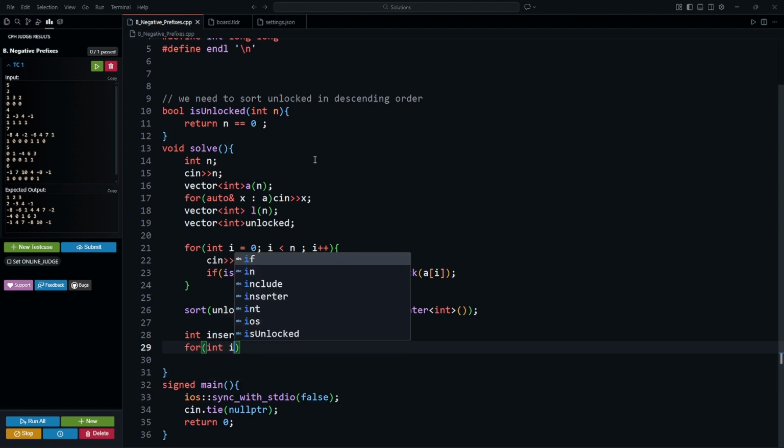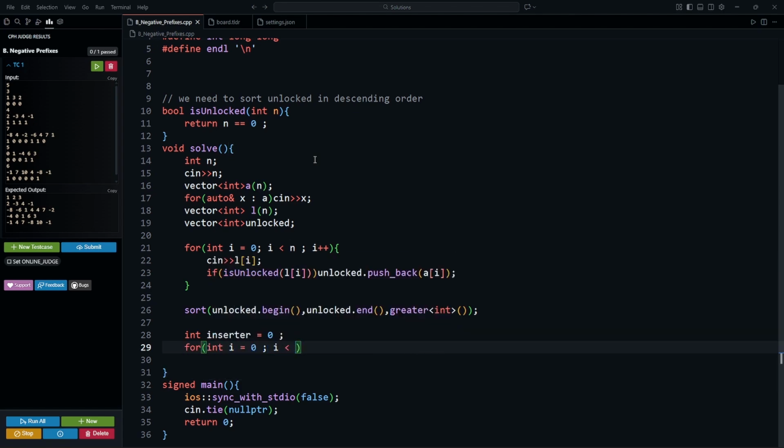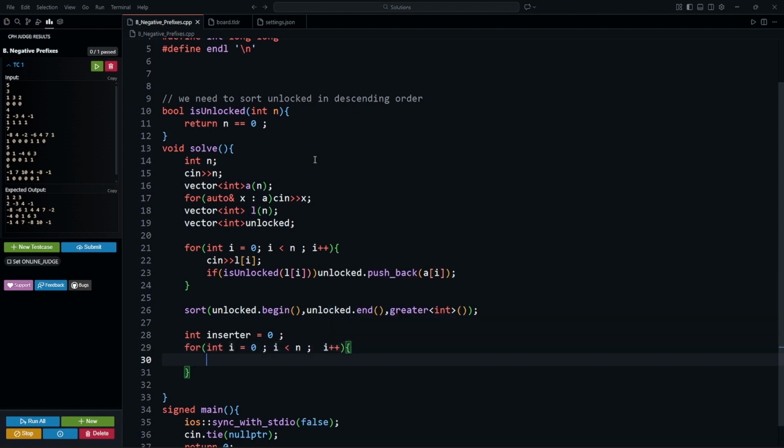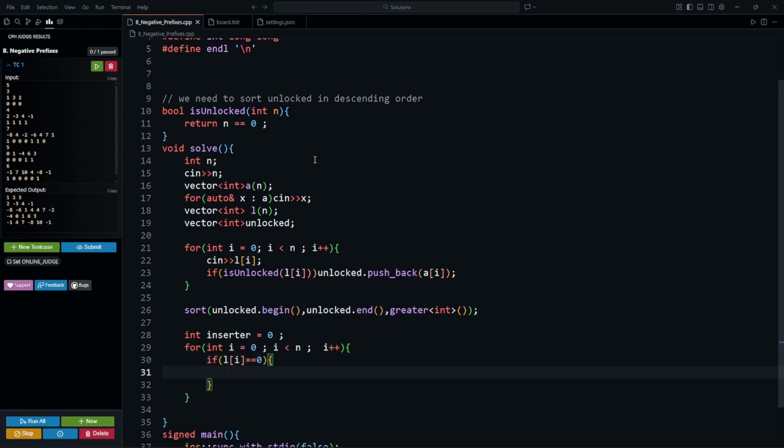Let's take for int i equal to 0, i less than n, i plus plus. If l of i is equal to 0, then you can simply do cout unlocked of inserter. You can call it inserter or anything you wish to. Sorry, not endl, it's space.